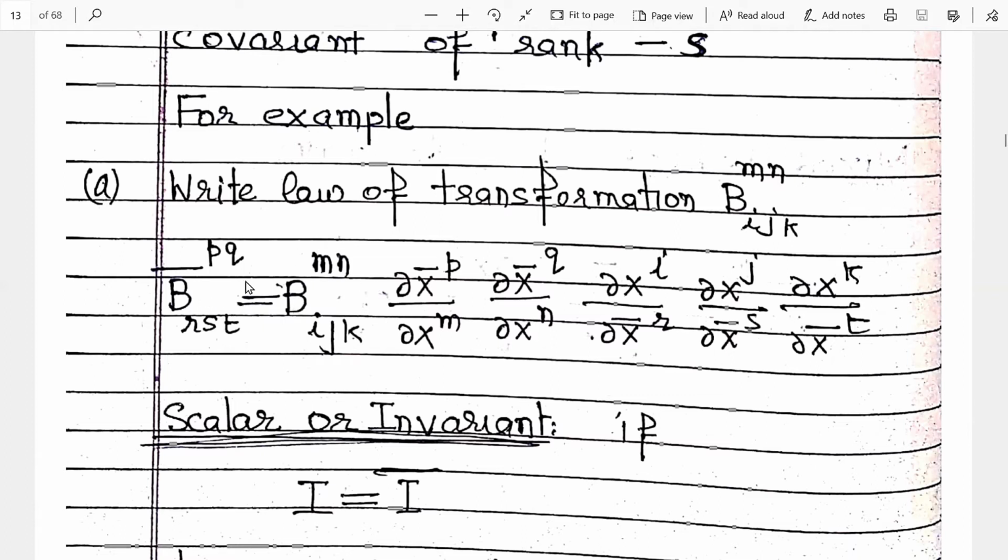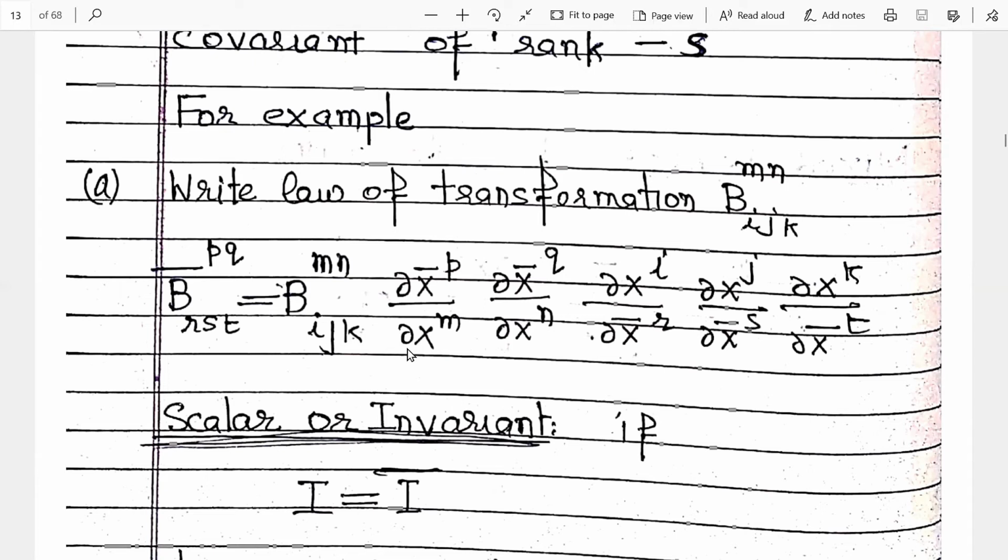Similarly, here that is related by B bar, so we write r, s, t, covariant, and p, q, contravariant. So simple. First take this bar, curly x bar p, curly x bar q. Right? Clear?